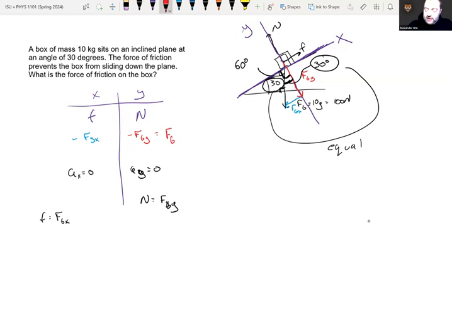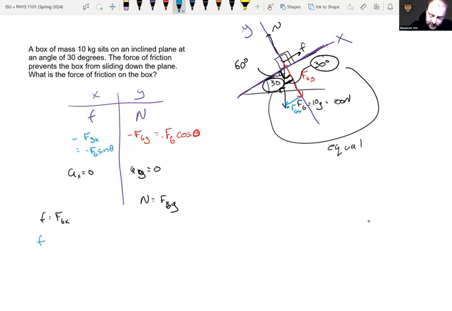So FGy is not going to be sine theta. It's actually going to be cosine theta this time. Sometimes people will get in the habit of just writing the y component as sine theta, and that will throw you off here. You've got to look at the geometry and really see what's going on. So the x component is negative FG sine theta, because the other one was cosine.